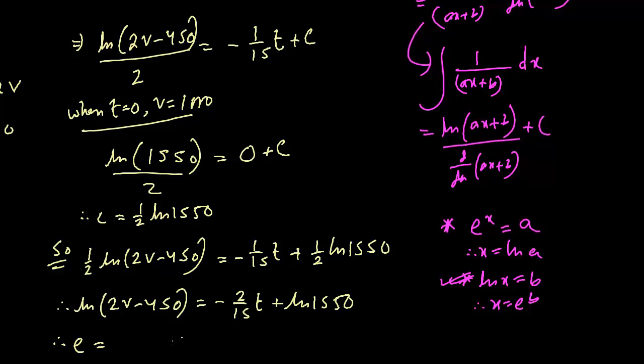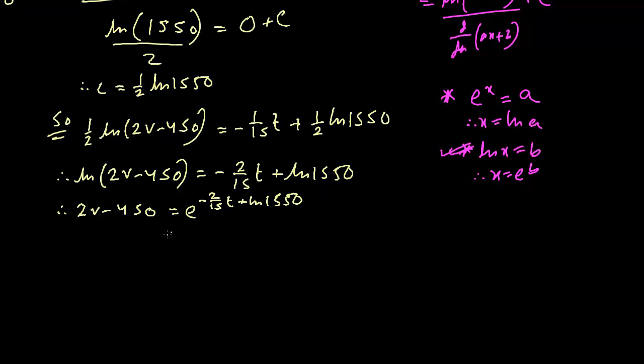Therefore, 2v minus 450 equals e to the power of minus 2 by 15 t plus ln 1550. We can use the rule of indices to break this down as multiplication.